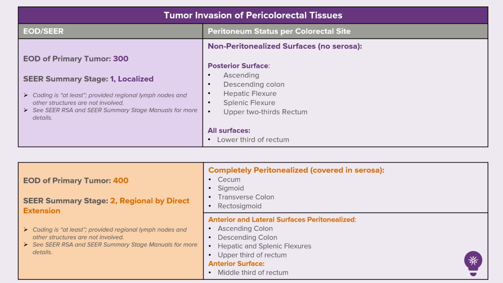Any of these subsites and specific surfaces of the colon and rectum are coded to EOD 400 and SEER Summary Stage 2, regional by direct extension, when tumors of these areas invade the pericolorectal tissues.